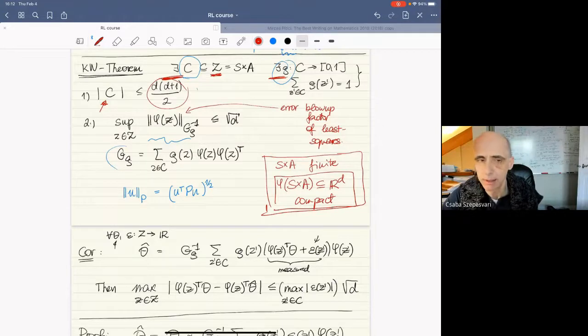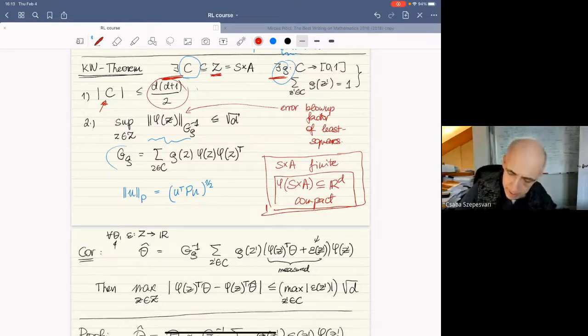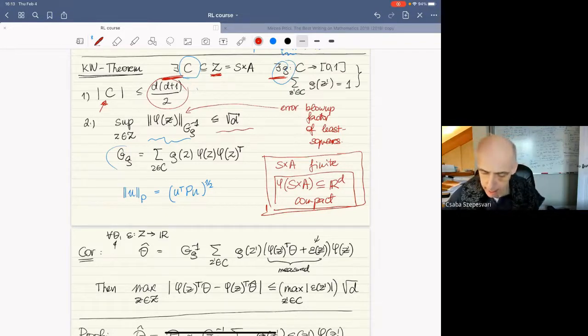So in other words, we ask whoever proposes the features that they also solve this problem for us, or a similar problem. You could have a C which is larger than this, but satisfies something similar, though the square root of D could be larger.